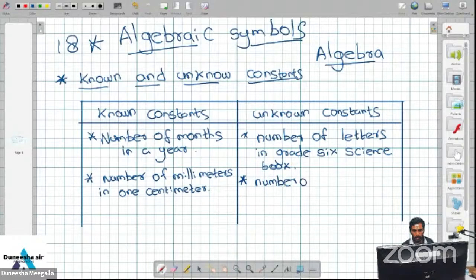Number of words in your Sinhala book. Did you count how many words are in your Sinhala book?